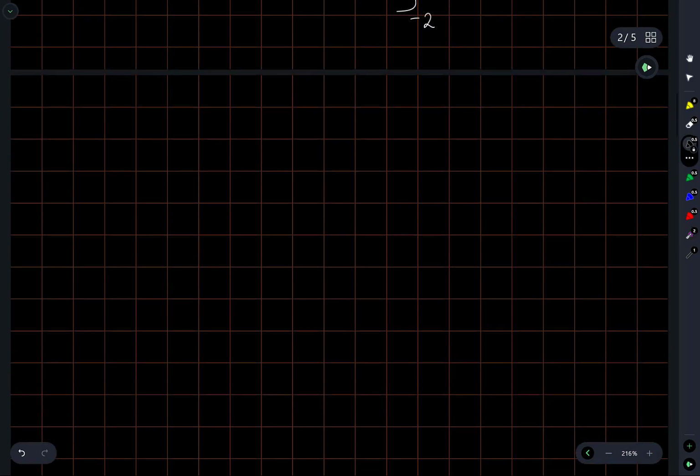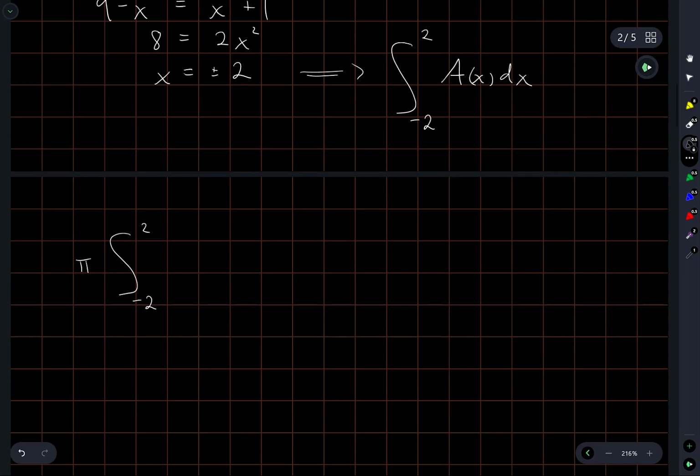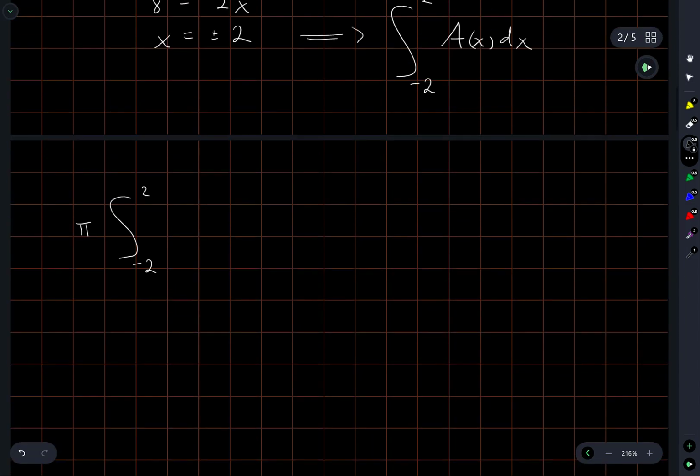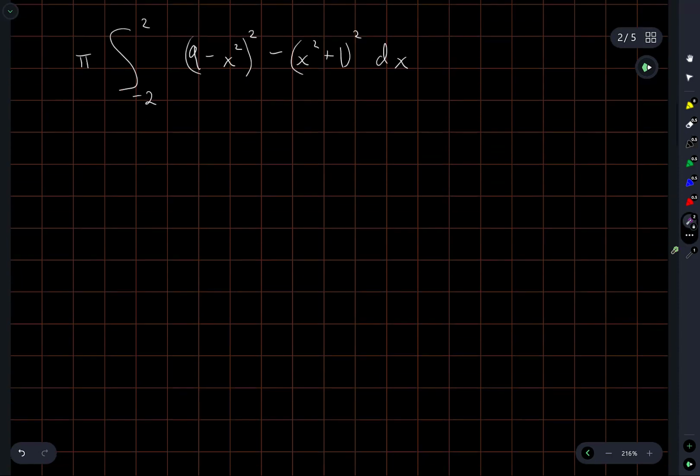Okay, so let's write out exactly what integral it is we're trying to compute here. I'll put the pi out in front, and now I have the integral of 9 minus x squared, squared, minus x squared plus 1, squared, dx. The thing that we have inside here is just a polynomial. It's not in the nicest form as is, so I'll probably want to expand everything and then simplify and then just use standard techniques of integration.